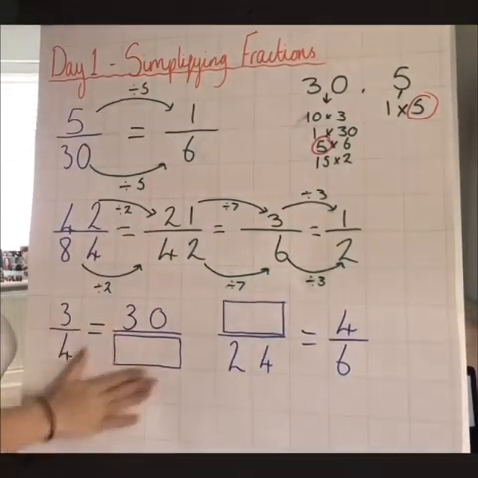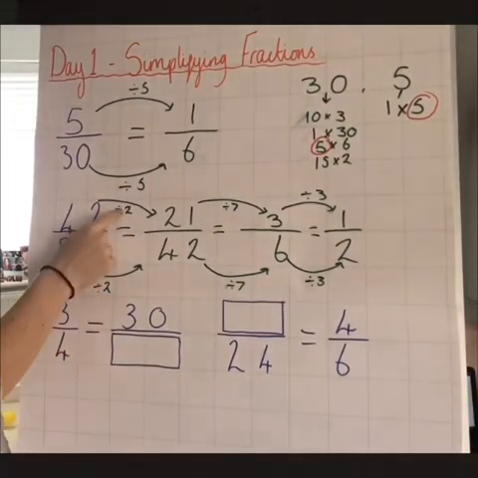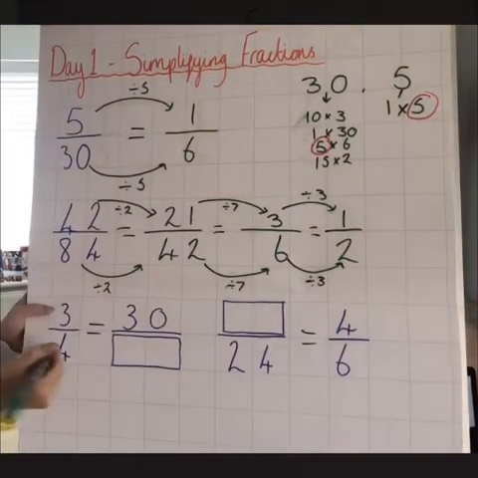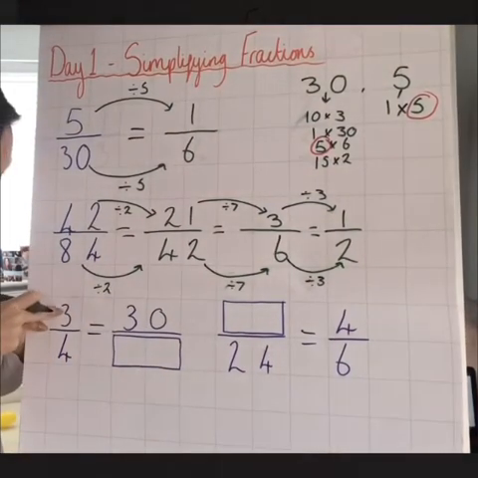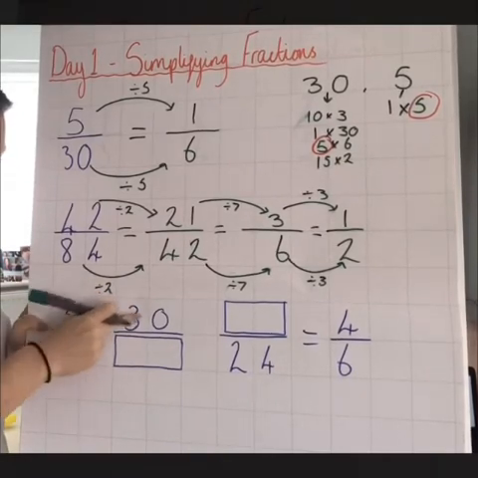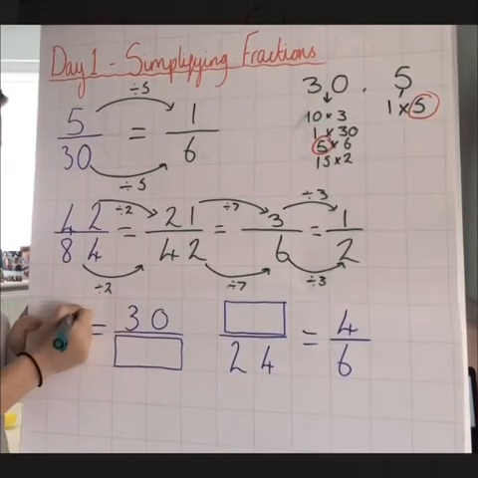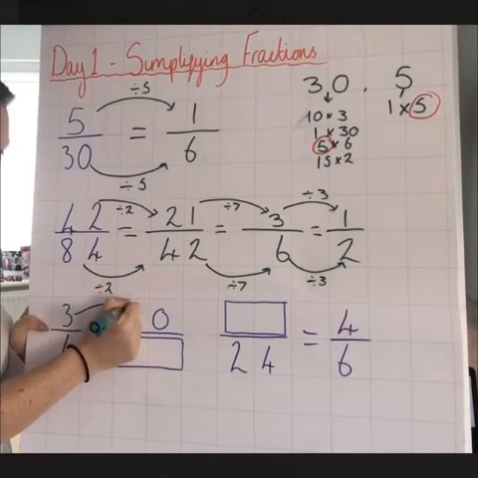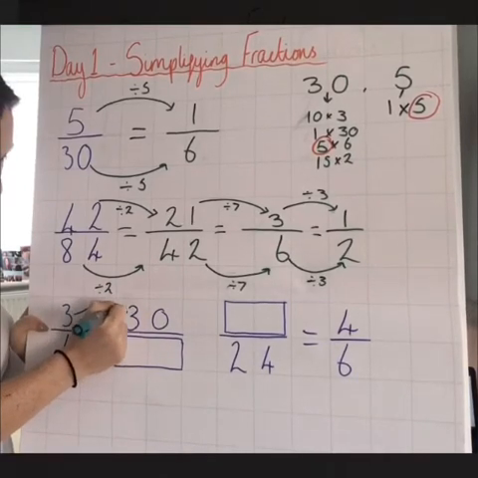That's all you've got to do here. We've just got to put in this step to help us. So I want to look at what has happened here to here. What's happened to 3 to change it to 30? I know that 3 times 10 is 30.